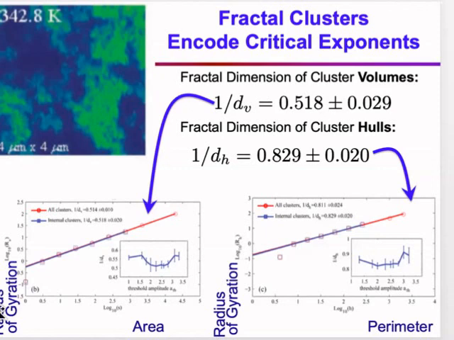On the vertical axis, I have radius of gyration. You could use any length scale measure you like. We are using radius of gyration, which is essentially like trying to find the center of mass of a cluster. It gives you a measure of the linear size of the thing. And so this is a log-log plot of log of radius of gyration versus log of area.